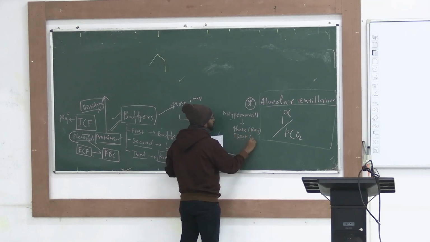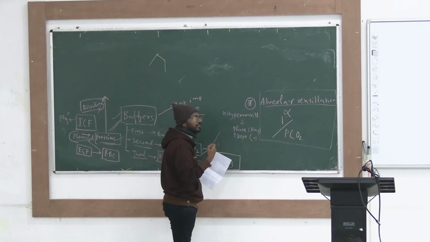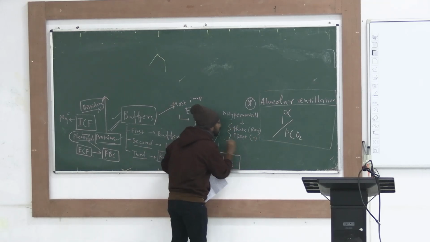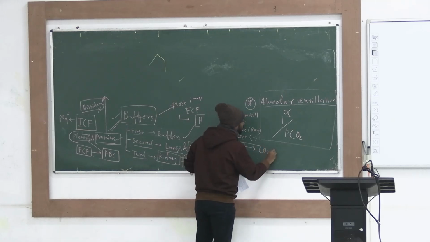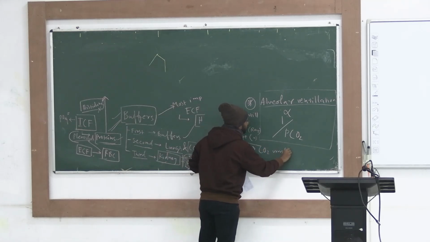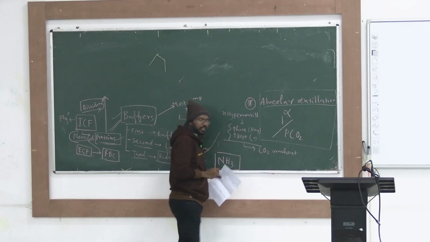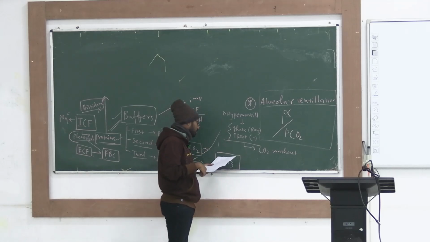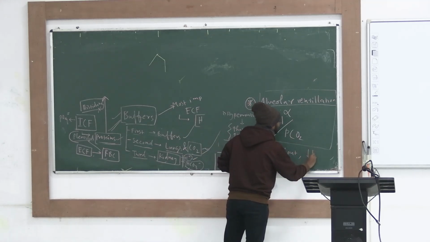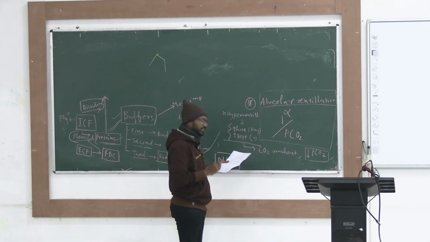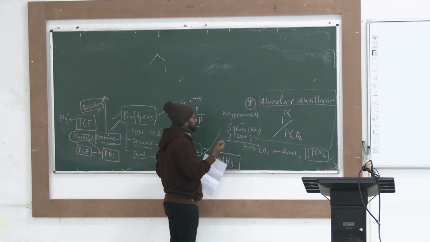So hyperventilation means an increase in both rate and depth of respiration, and finally that leads to CO2 washout from our lungs. Whenever CO2 is washed out, what will happen to PCO2? It will decrease. So that is the first line of maintenance.